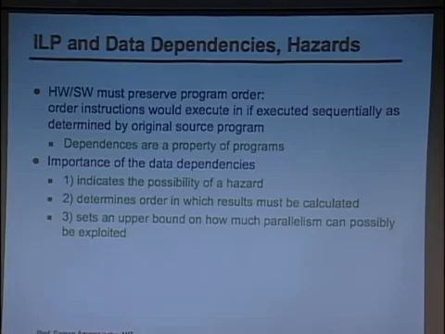Dependences are important because they indicate the possibility of hazards, and they determine the order in which the results might be calculated. If you need one result to calculate the next, and that to calculate the next, you have what you call a dependence chain, and you have to execute it in that order. Because of the dependence chain, it sets the upper bound on how much parallelism can possibly be expected.